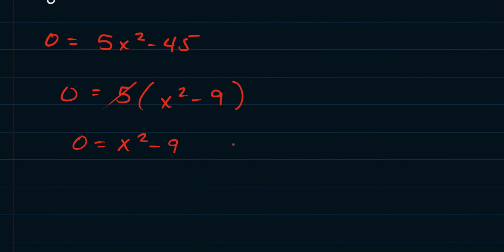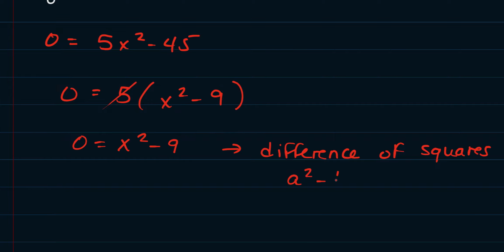Now, you need to remember that you can factor this by using the difference of squares formula. This is a formula you'll need throughout your math career. It says that a squared minus b squared is a minus b times a plus b. Here, notice that 9 is the same thing as 3 squared.